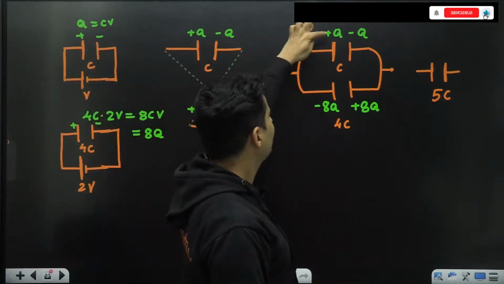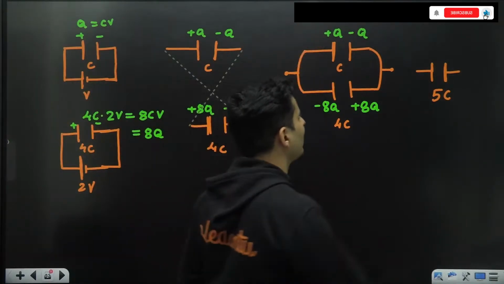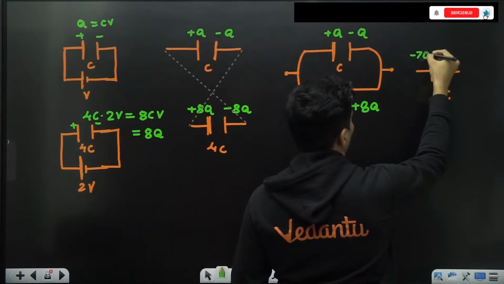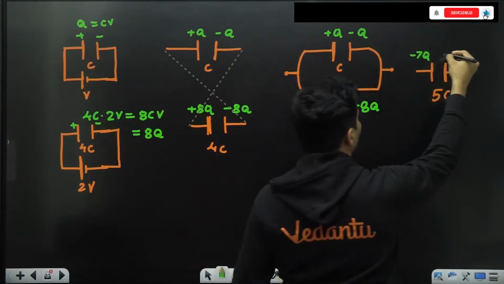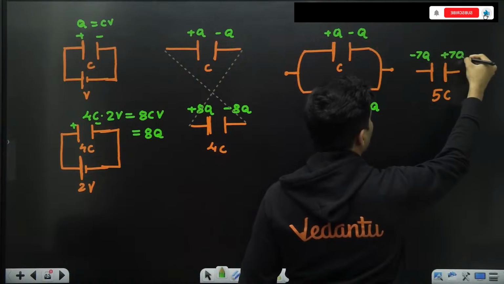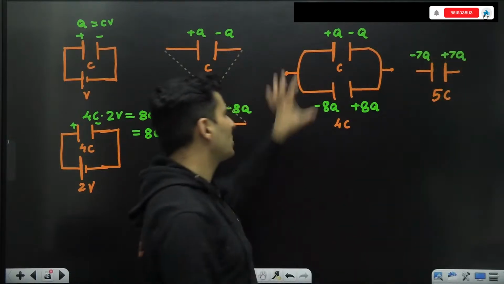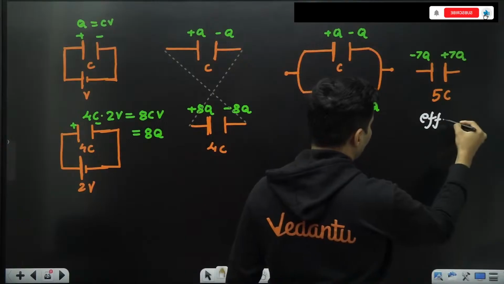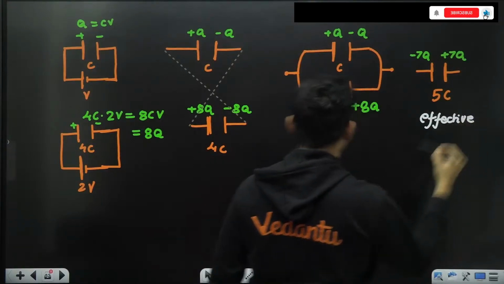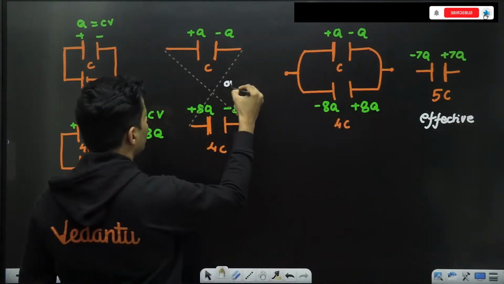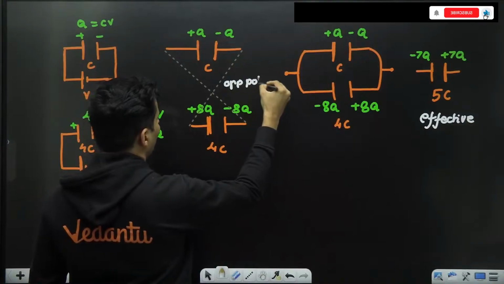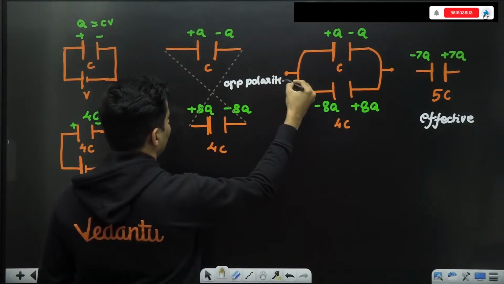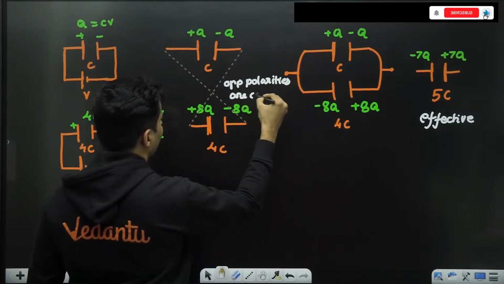Think logically. This plus 1 and minus 8 will become minus 7Q, and plus 8 and minus 1 will become plus 7Q. So this is the new total charge on the effective capacitance. This is nothing but the effective capacitance. Here opposite polarities are connected.